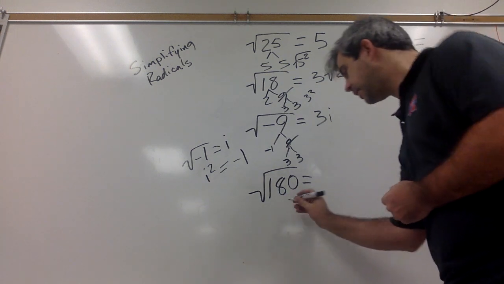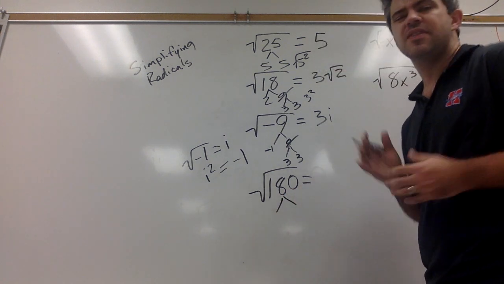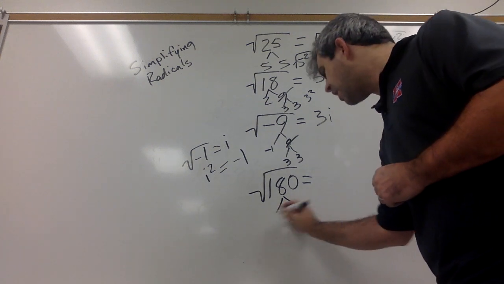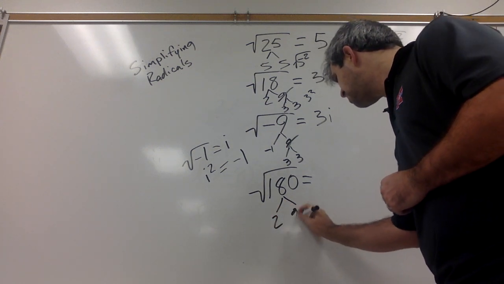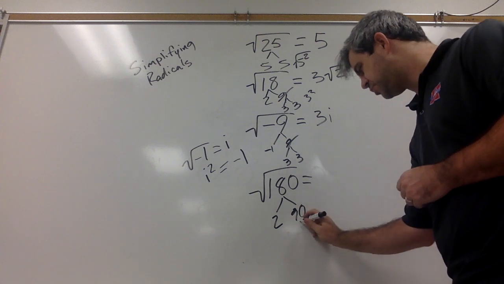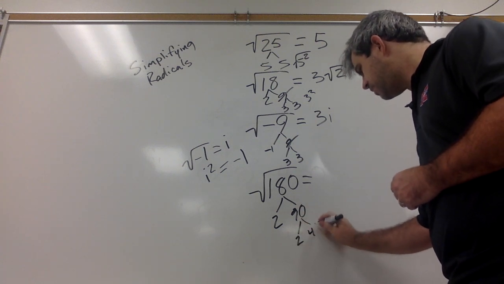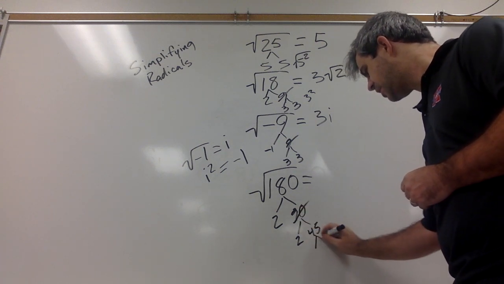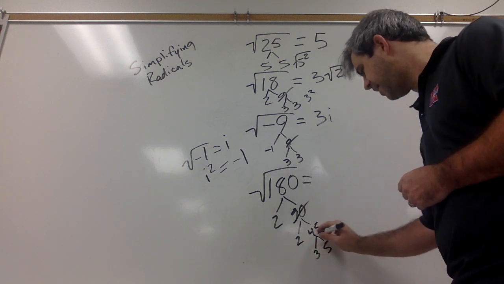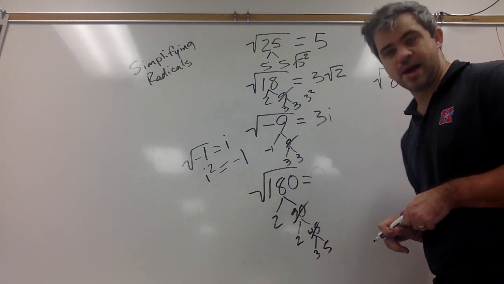180. Okay, I just wanted to show you one that was a little bigger. A lot of ways we could break this down. Again, a lot of times I like to start with 2 and 90, 2 and 45, 3 and 15, 3 and 5, and those are all prime.